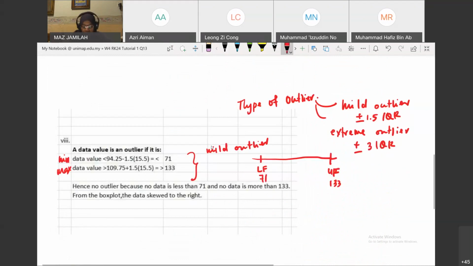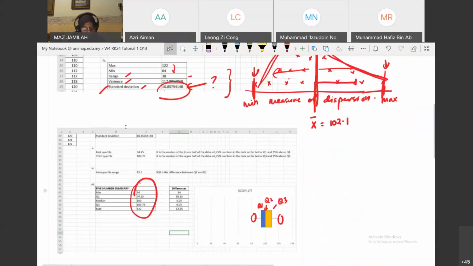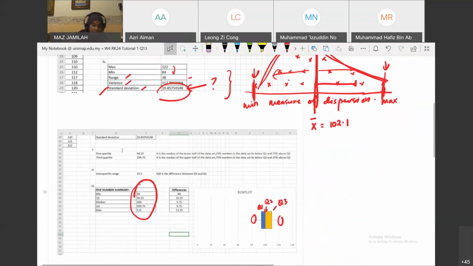Based on your data, you don't have any value lower than 71. Do you have any value above 133? Look at your data, the maximum is 122.